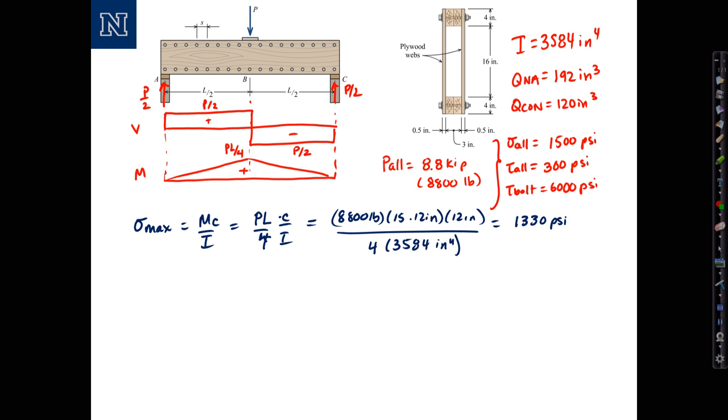Okay, this is lower than sigma allowable because this one did not control the design.